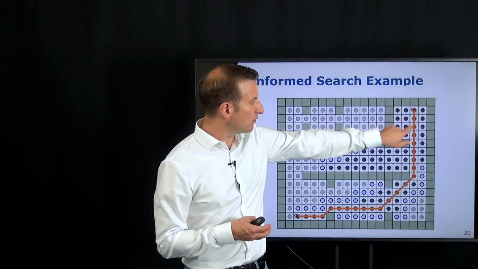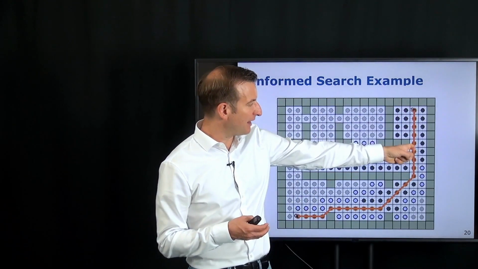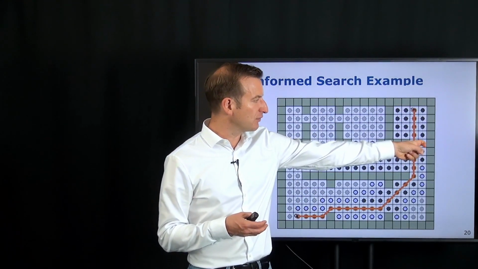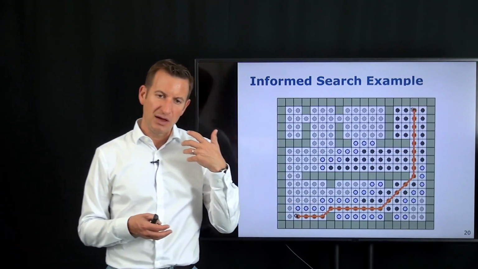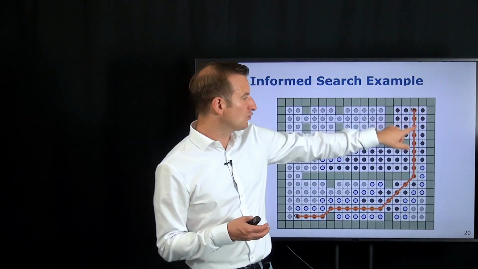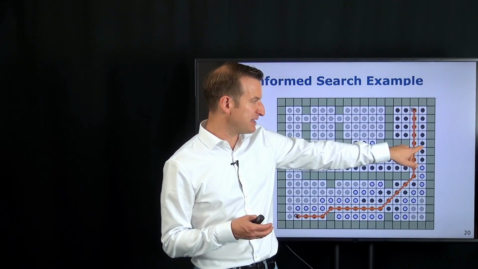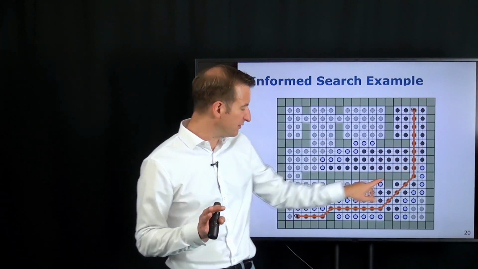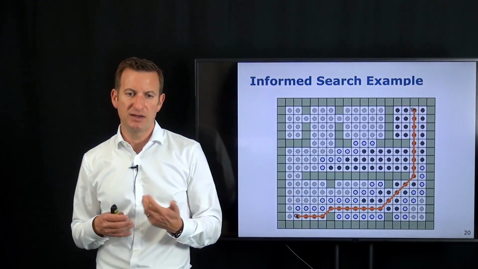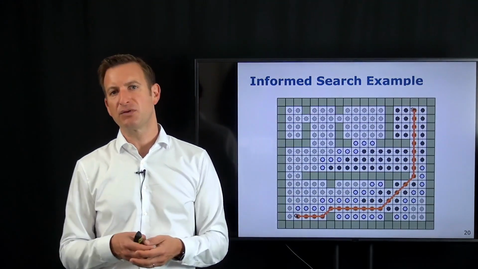So I'm expanding nodes here starting from the start location. I'm evaluating all of those nodes not only based on the cost, how far was it to reach this node given the start location, but we also perform an estimate how expensive is it most likely to be from this location to my goal location. And this is the information that the heuristic provides us.